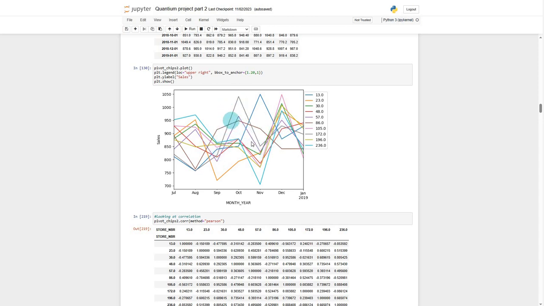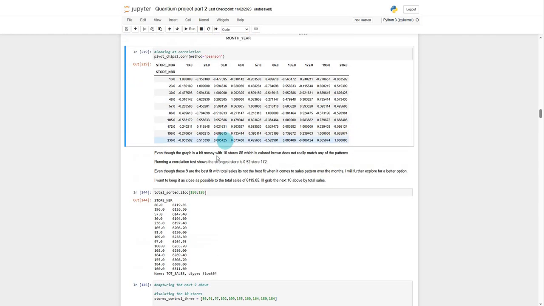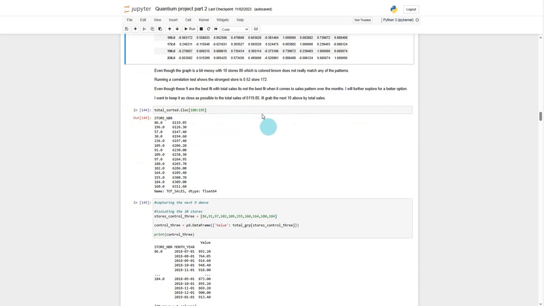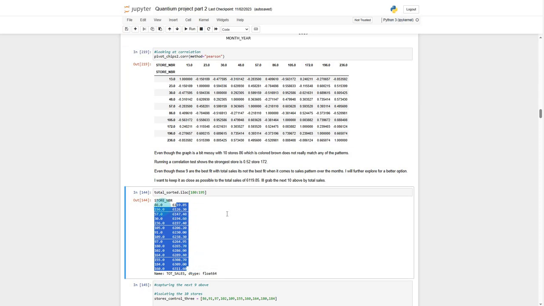This gray one comes pretty close pattern-wise. But when you look at the Pearson correlations, none of them really come close. The closest correlation is 0.52, which is a bit low. So I decided to keep looking above. I was originally taking 5 below and 5 above the trial store in total sales. So now I'm grabbing the top 10 above store 86.